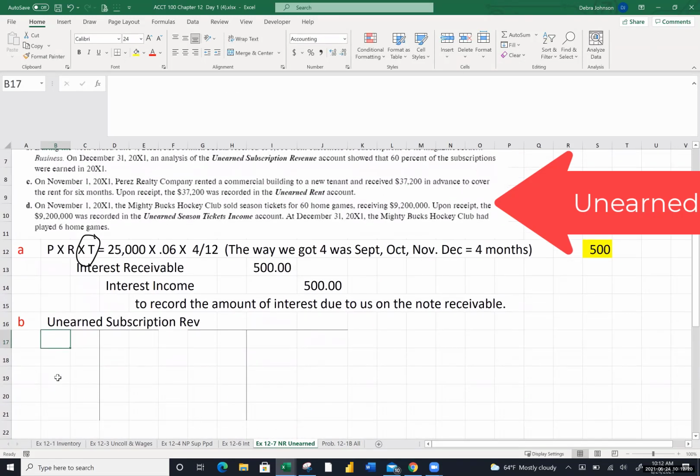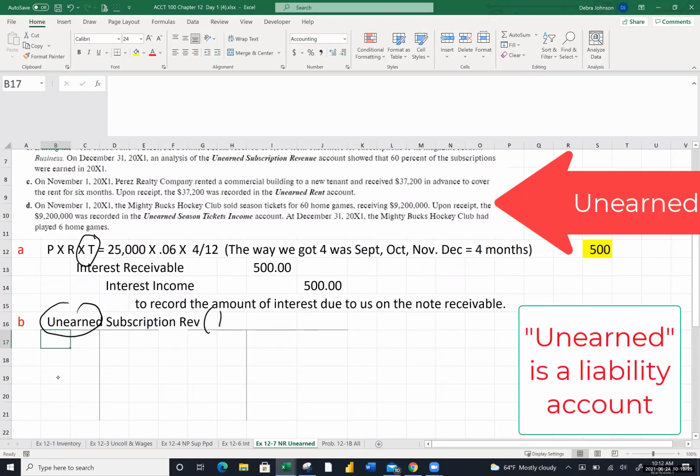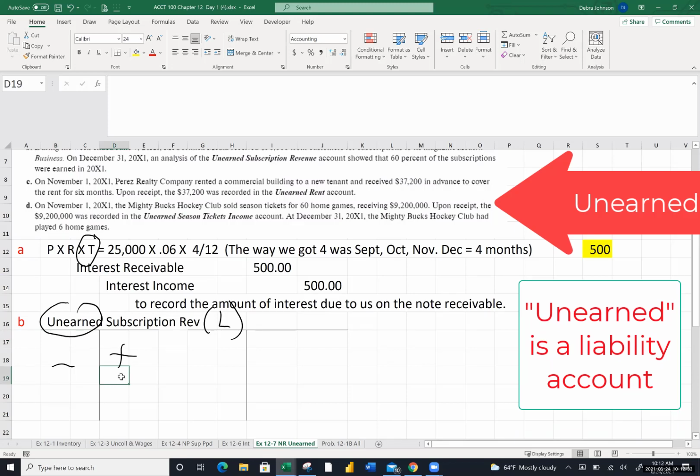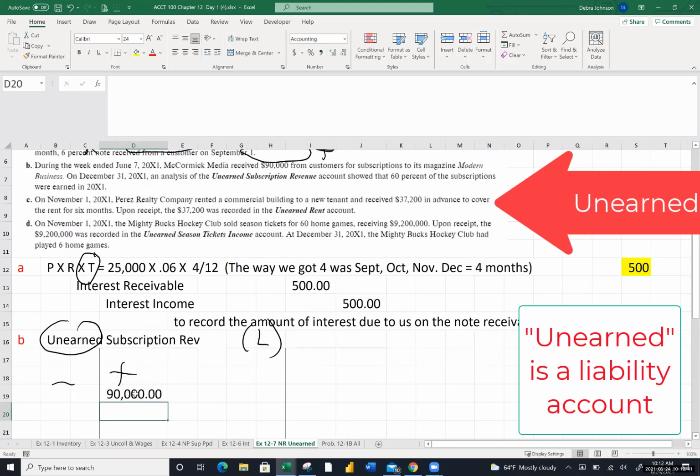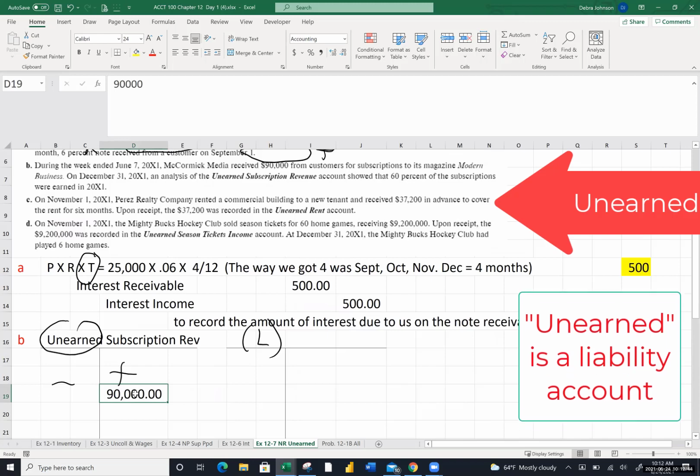I want to remind you that an unearned account means it is a liability. Liability accounts look like this from the rules of accounting that we learned. And so letter B says they received $90,000. They would have put that in this unearned account and also in cash.